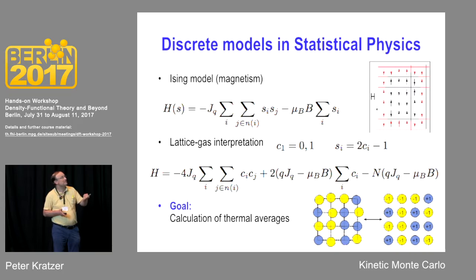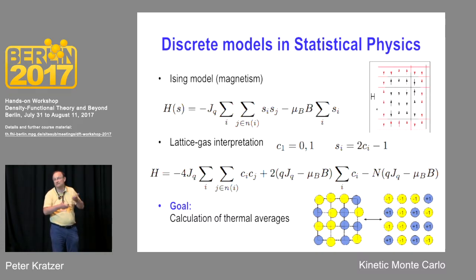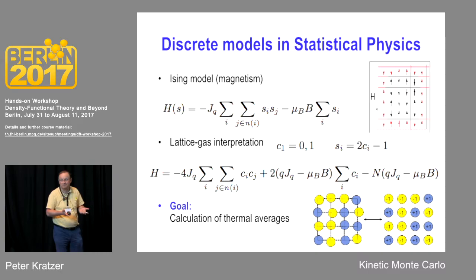And also here in this case, there is an external field. The role of the external field is played by the chemical potential in this case. So you could simulate the coverage on a surface, whether there is some pattern forming on the surface or not. Or you could simulate an alloy. Is there order in the alloy, or is it a disordered alloy? And all this depends obviously on temperature.